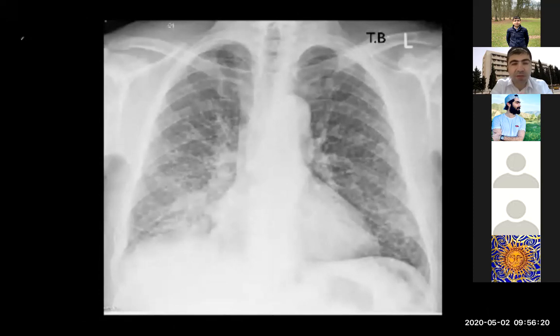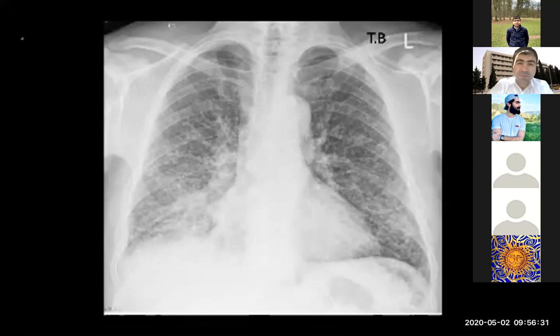Can you tell me, according to our system, so as not to miss any finding, about this chest X-ray? A for airway, located in the midline. For bone, no bony lesions or deformities.